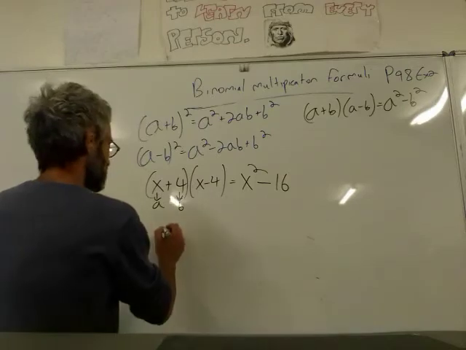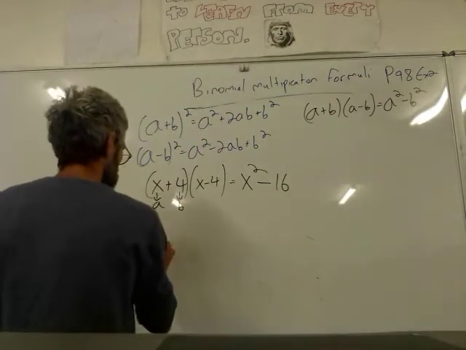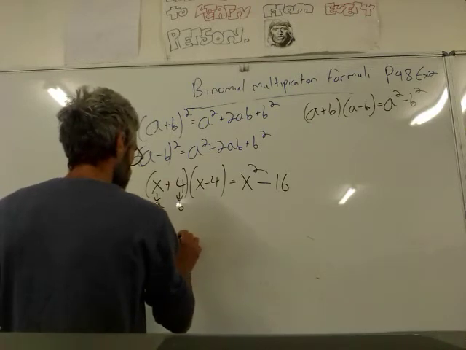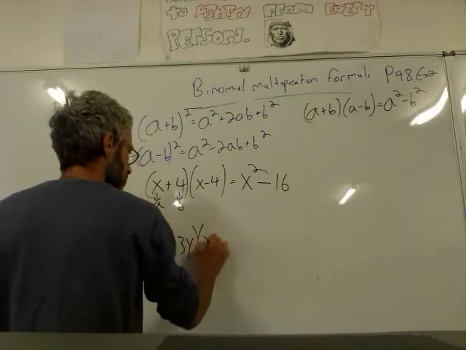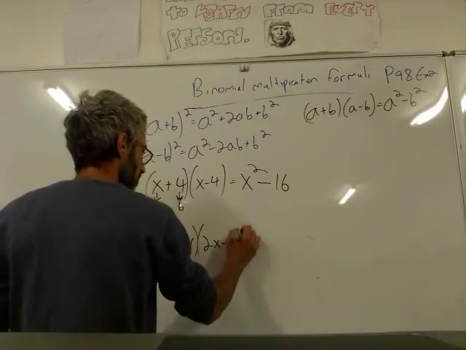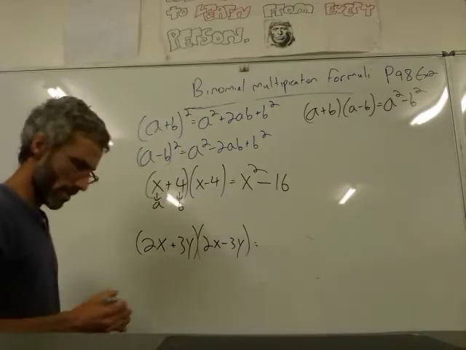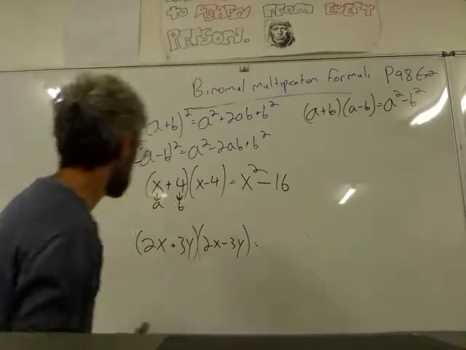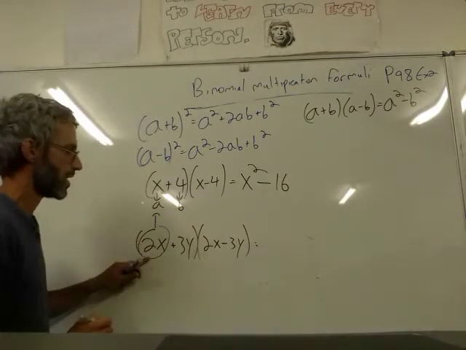Okay, so let's do another one, a little bit more difficult this time. 2x plus 3y times 2x minus 3y. Can you still see it? Right, again, what I suggest is to first of all identify which one is the A, that's the A, 2x.